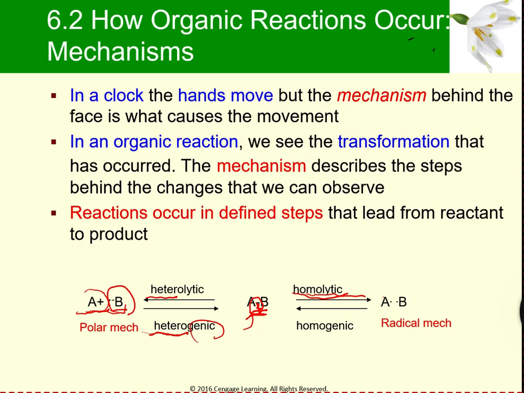So we can say hetero. So this is heterogenic formation of the bond. On the other hand, if you start from one electron in each atom and then make one bond, then we can say it's a homogenic formation of the bond.